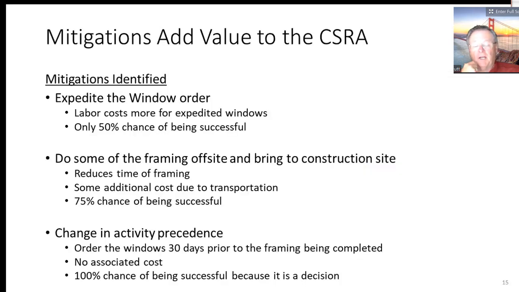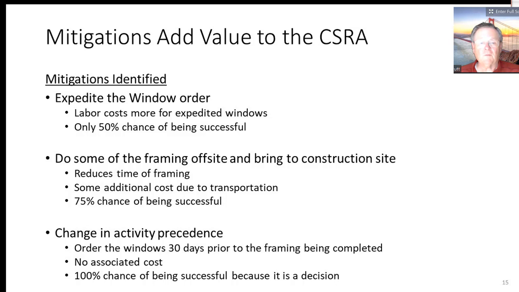So now that we understand what our base schedule is and base costs, what can we do to improve it? We want to mitigate it. So one thing we could do is we could expedite the window order. It was high on the sensitivity. But labor costs could be more if we expedite the windows, and there's only a 50% chance of being successful.